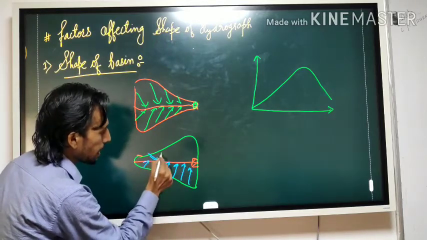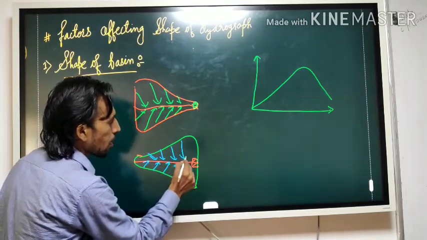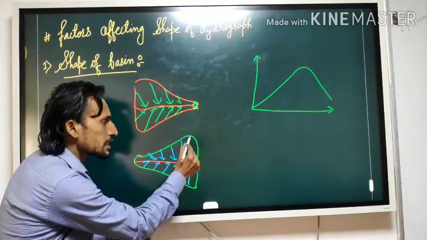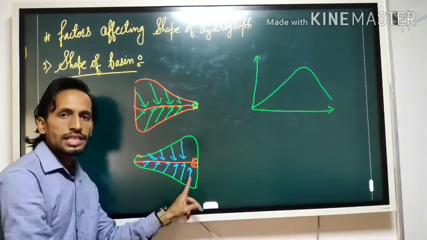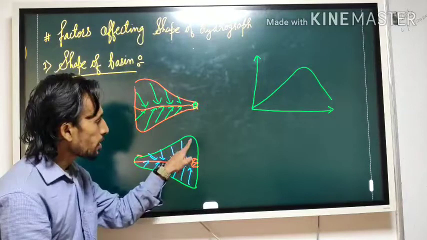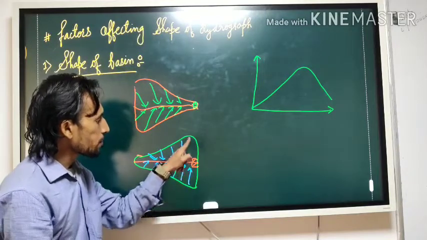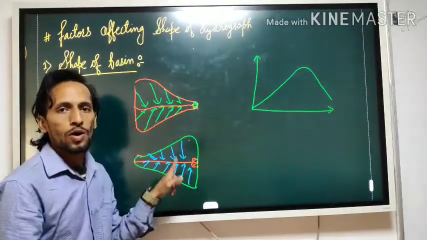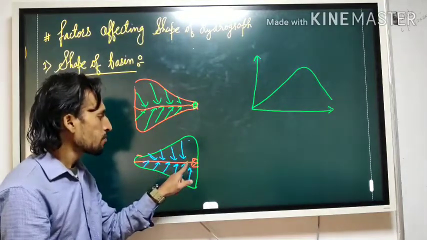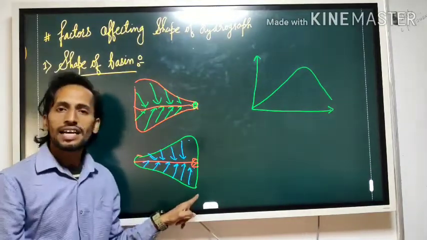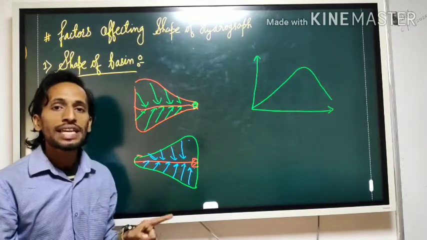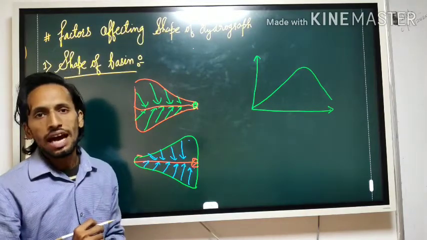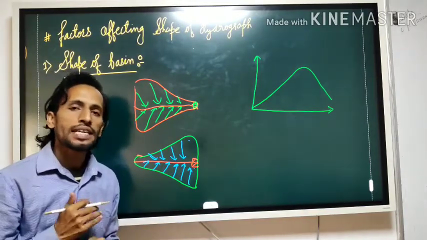After rainfall the water will come from here, and since this side is broader, more water will be coming from this side and it will quickly reach the gauge station, which means the peak discharge will be very early.